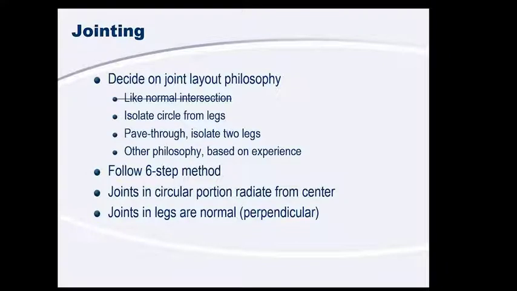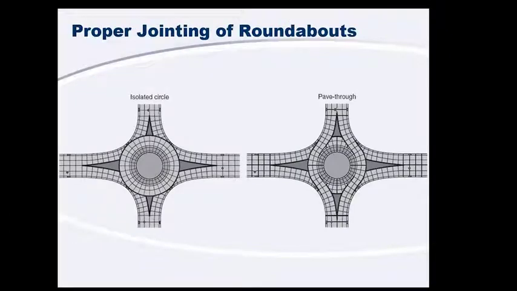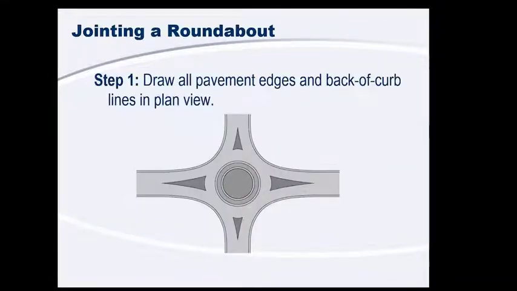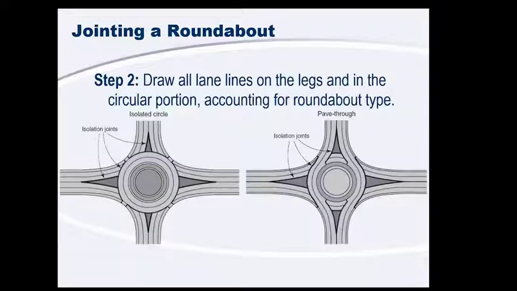So there are two main methods, the isolated circle and the pave-through method, which I'll go through very briefly using this six-step method. So what we end up with is these two jointing plans. If we remember our rules from intersections, all of those still apply. So step one, we start with our bird's eye view and our back of curve and edge plans.